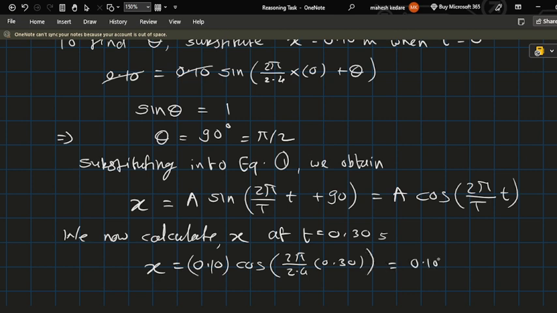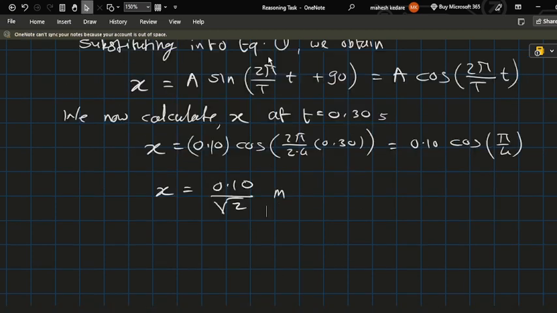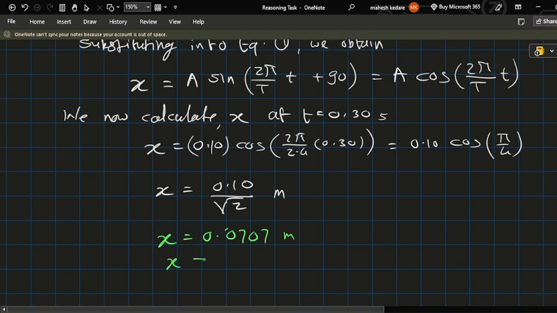This is 0.10 cos pi by 4. Finally, we have x equal to 0.10 divided by root 2, since cos pi by 4 is 1 by root 2. The unit will be meter. On calculating, we get x equal to 0.0707 meter. On expressing in centimeter, x is equal to 7.07. That is the final answer.